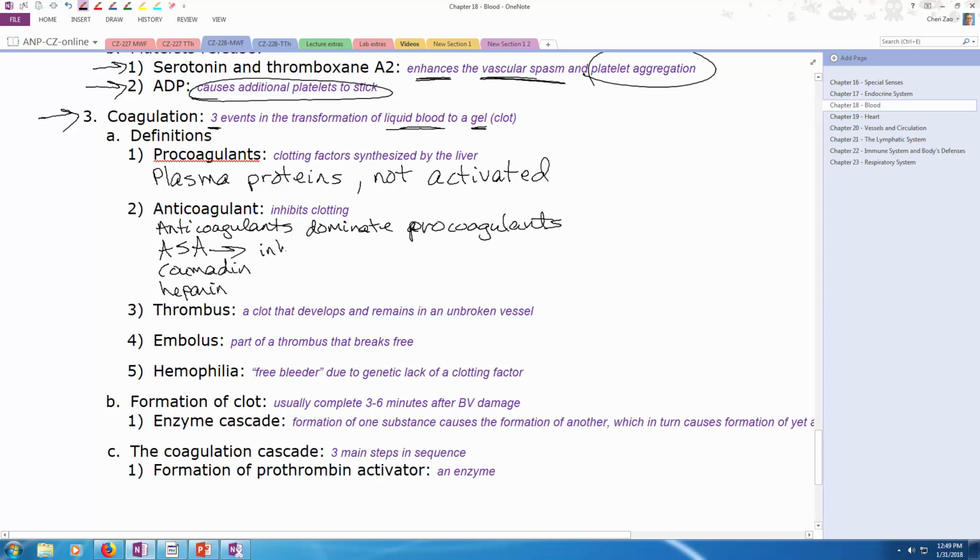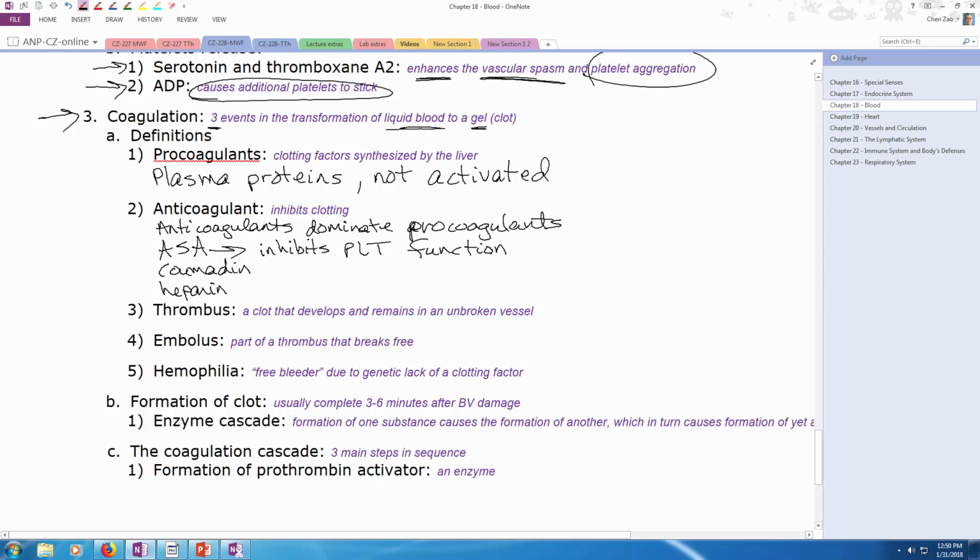It inhibits platelet function. So it keeps platelets from sticking and releasing those important chemicals and doing their job. And so whenever you're undergoing a surgical procedure, if you are taking aspirin for cardiac reasons, they'll ask you to stop taking aspirin 7 to 10 days before the surgery.